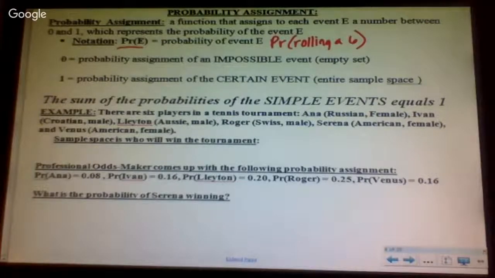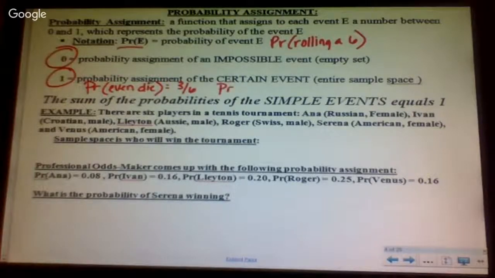Your probability assignment of an impossible event is a 0. It can't happen. There's nothing there. And the probability assignment of a certain event, the entire sample space, is a 1. So what is the probability of rolling an even on a die? 3 out of 6.